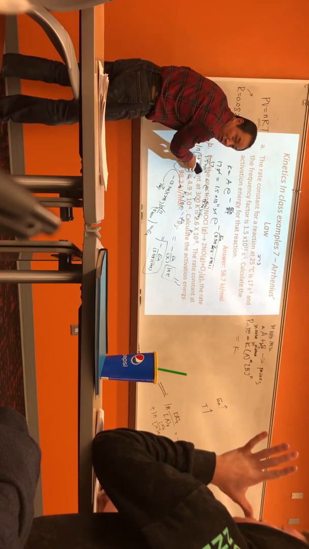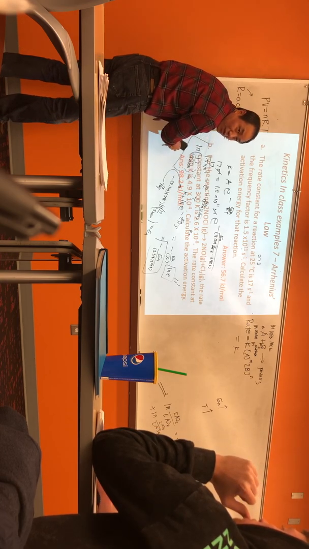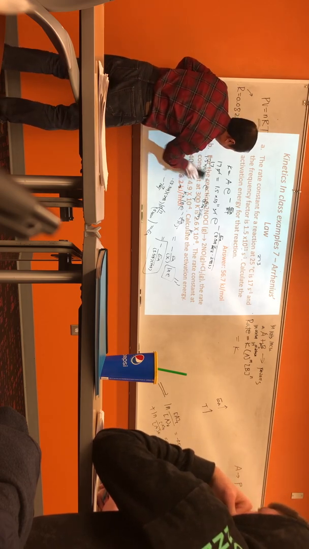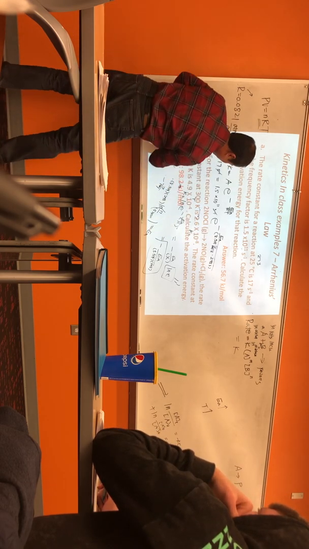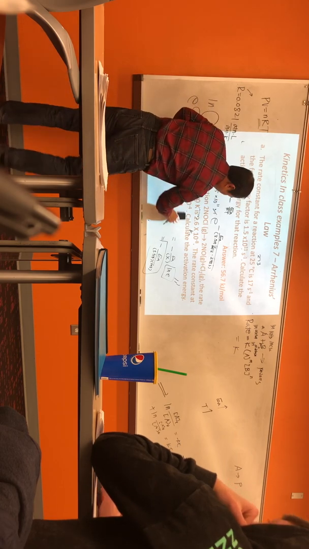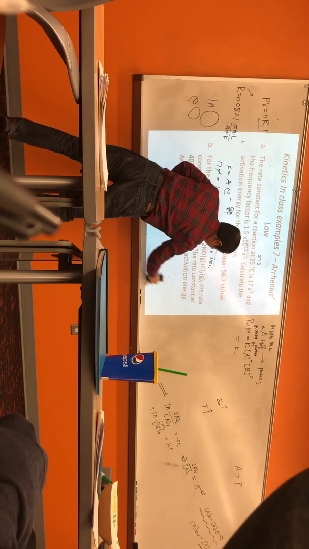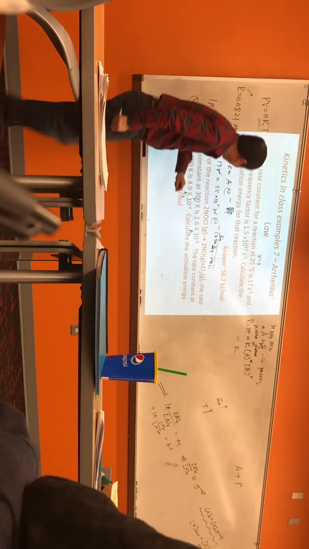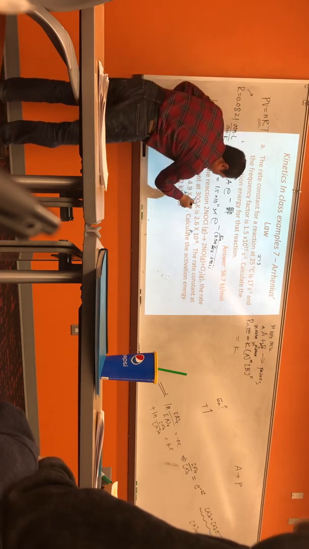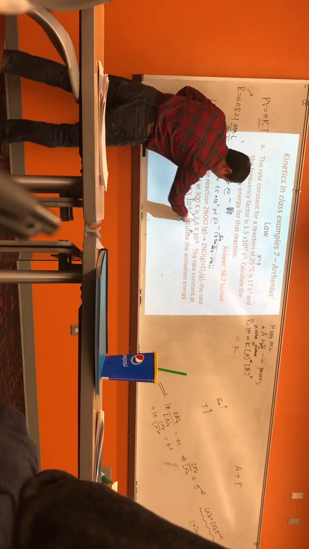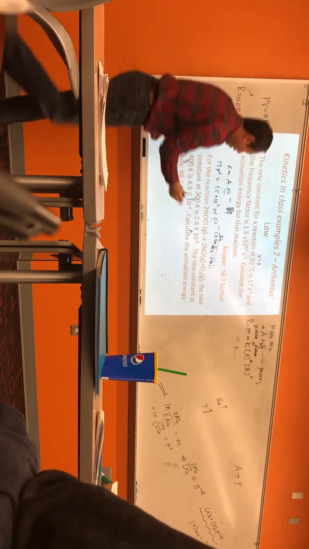So when you have a reaction with one temperature, I'm going to call it T1, and another temperature, I'm going to call T2. So that's k1, that's k2, and they're asking for the activation energy.